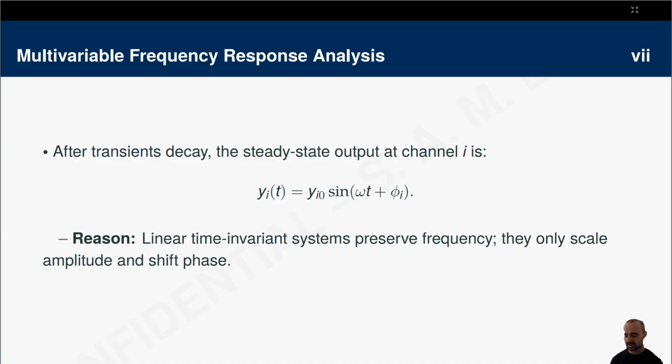Linear systems do not generate new frequencies, as I said before. Nonlinear systems, which we're going to talk about later, are different. So we need to make sure the system responds in a linear fashion, that is, it's a linear time-invariant system.